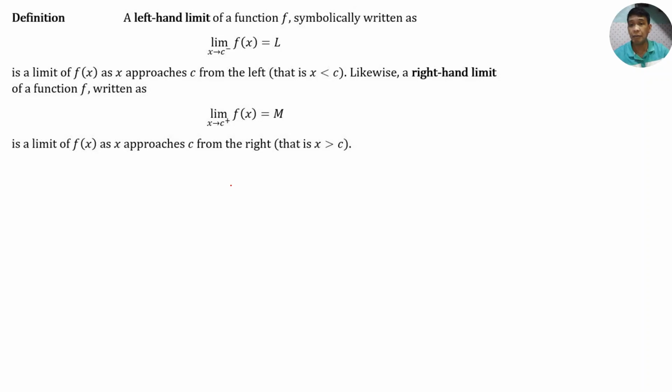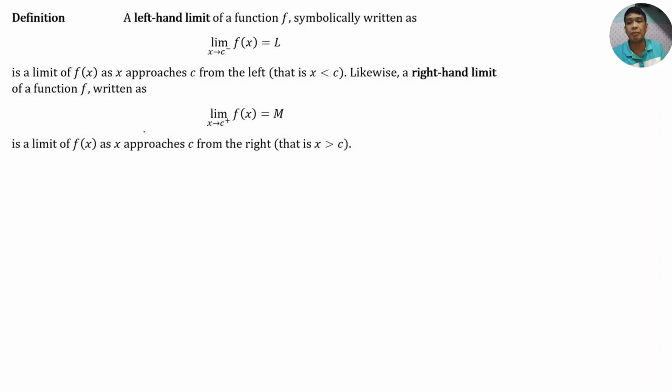So, puntahan natin ang formal definition. A left-hand limit of a function f, symbolically written as limit of f of x as x approaches c minus, is equal to L. Is the limit of f of x as x approaches c from the left, that is, x is less than c, as seen dun sa previous slide.